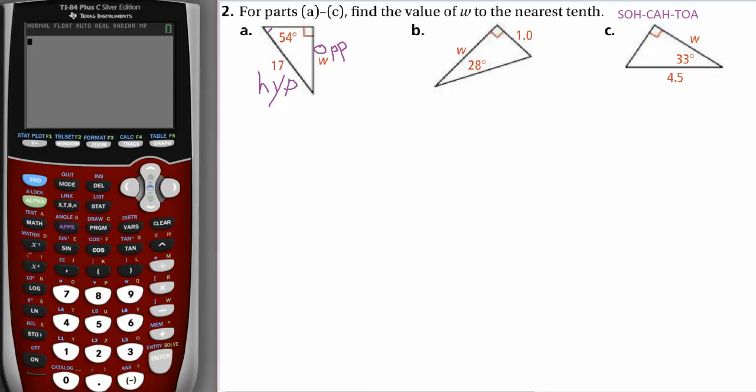And what we've got to do is realize that we've marked the opposite and the hypotenuse. And since we've marked the opposite and the hypotenuse, that means we're going to use sine equals opposite over hypotenuse. So, sine 54 equals W over 17.